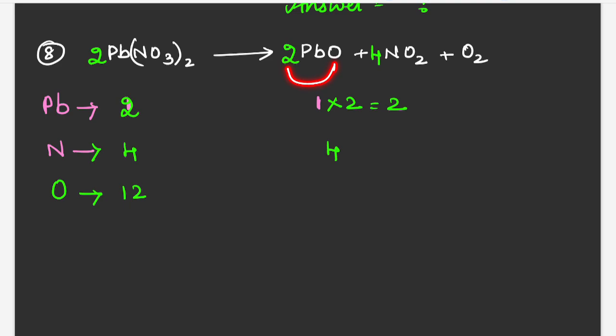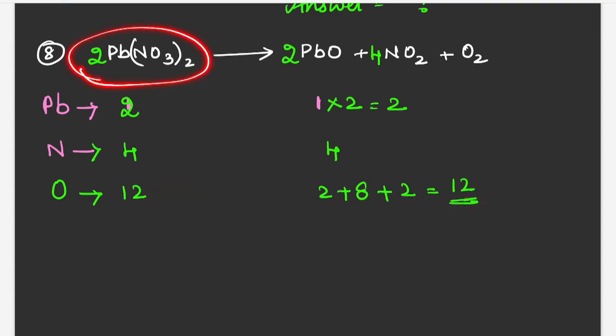So here I have 2, so I'll write here 2 plus, and then 4 2s are 8, 8 plus, and then again here 2 oxygen. So I'll write 2. So 2 plus 8 is 10, 10 plus 2 is 12. So is this balanced? So 12 and 12. So all the atoms are balanced. So this is the balanced chemical equation.